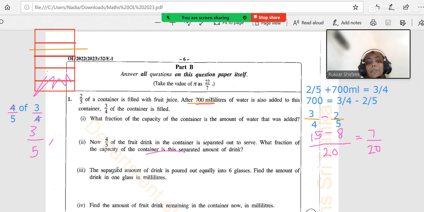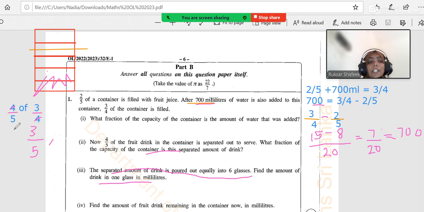Third one, the separated amount of drink is poured out equally into 6 glasses. Find the amount of drink in 1 glass in milliliters. Now for that, what you can do is, you know that 7 over 20 is basically equal to 700. So you can find the entire capacity, or you can find that 7 over 20 is equivalent to 700 milliliters.